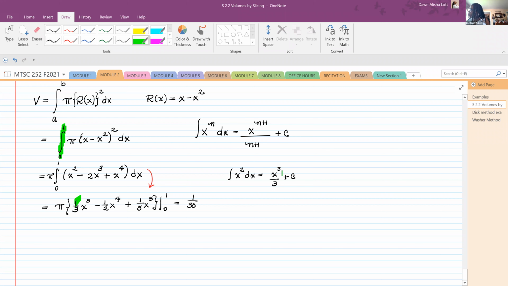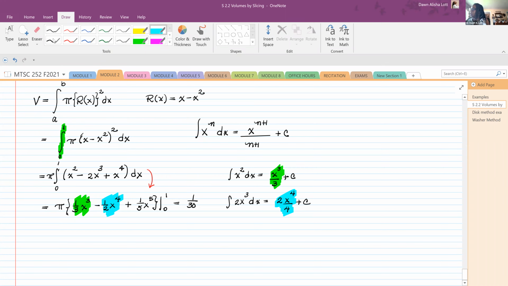And then I have the integral of 2x cubed. So that's 2 times x to the 4th over 4 plus c, and so that's how I get the 1/2.